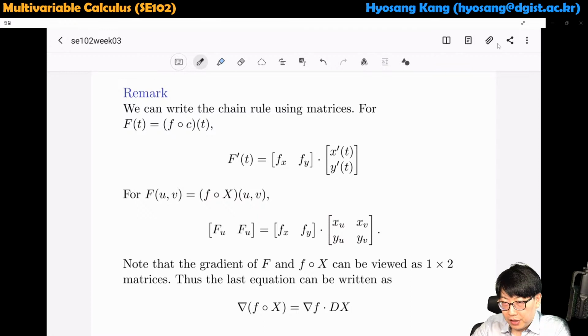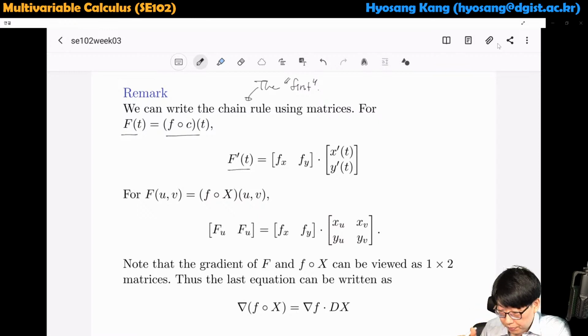So that actually gives the intuition of what the chain rule really says. Not geometric, but the real meaning of the chain rule. Let's rewrite our first chain rule using matrices. Okay, so for example, I defined my large F to be the composite of small f and c, and we wrote that my large F prime is equal to some linear expression, but I can rewrite that here.